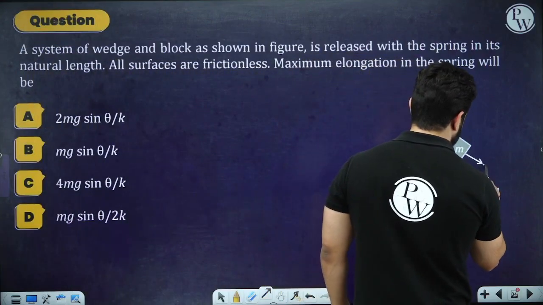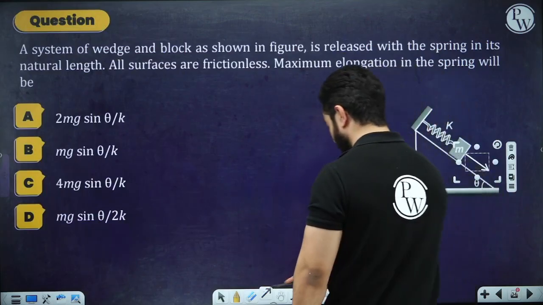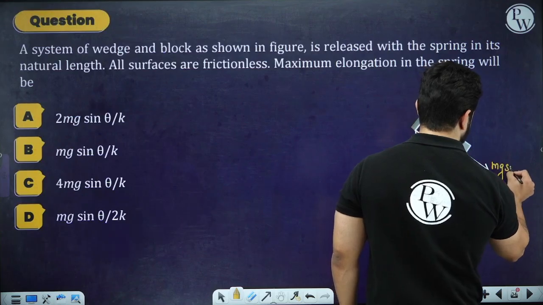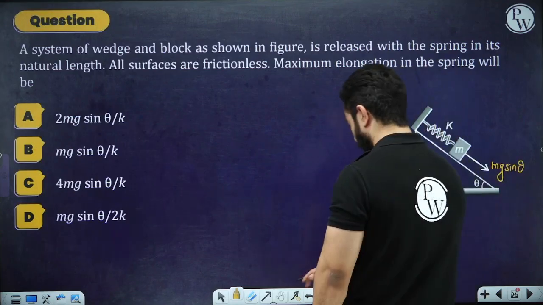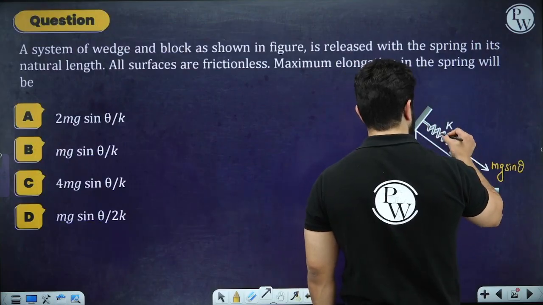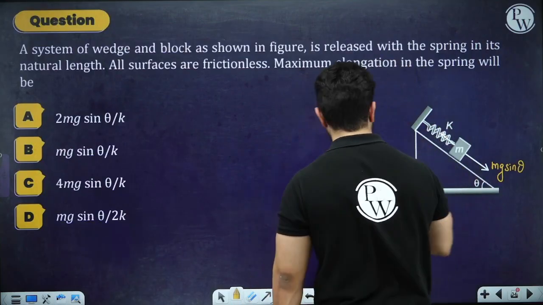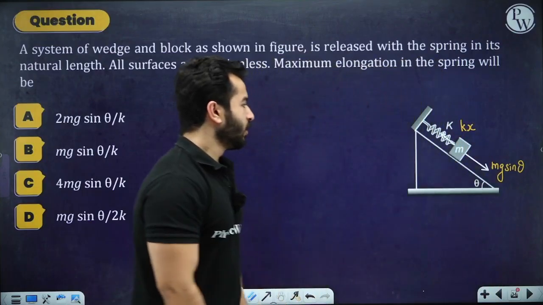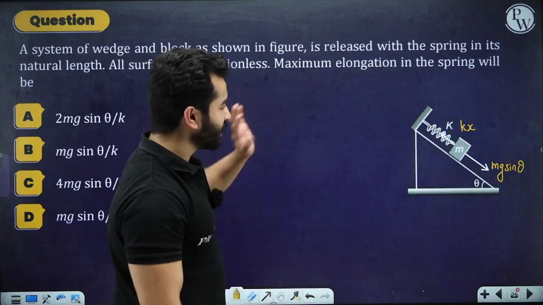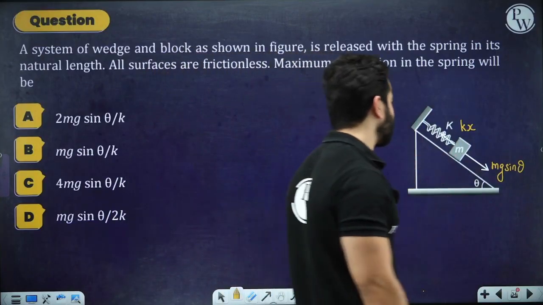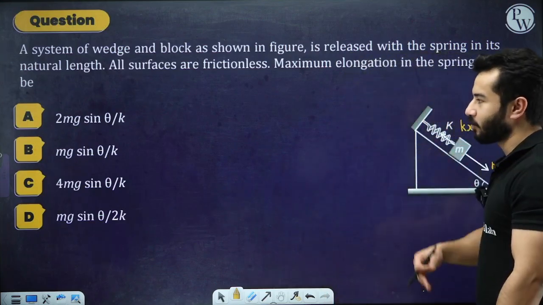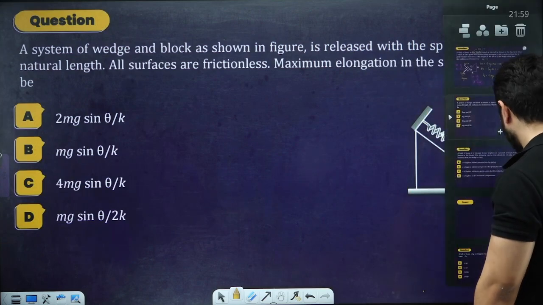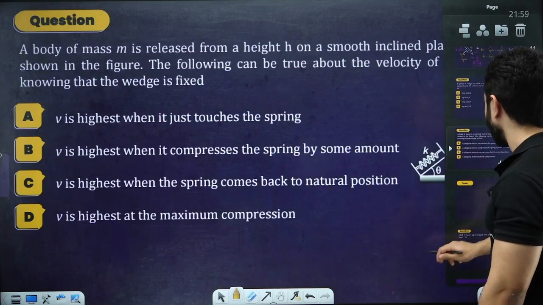Only one force is acting in downward direction, that is mg sin theta, and one force is acting in upward direction, that is kx, right? So now you know that the maximum elongation will be the case when kx and mg sin theta become same. So you can find out what x is going to be, right? So it is quite easy. Let's not worry about this one. Let's move to the next one.